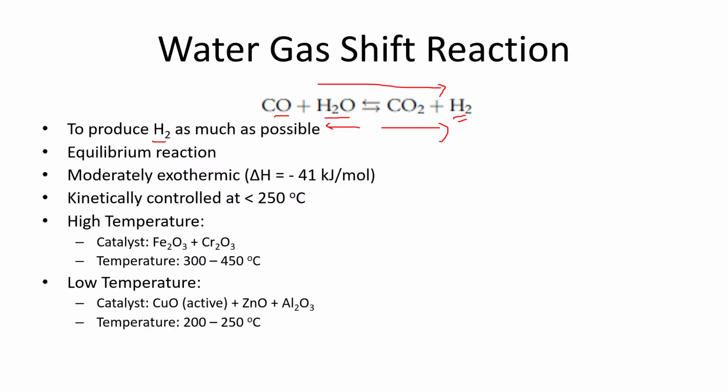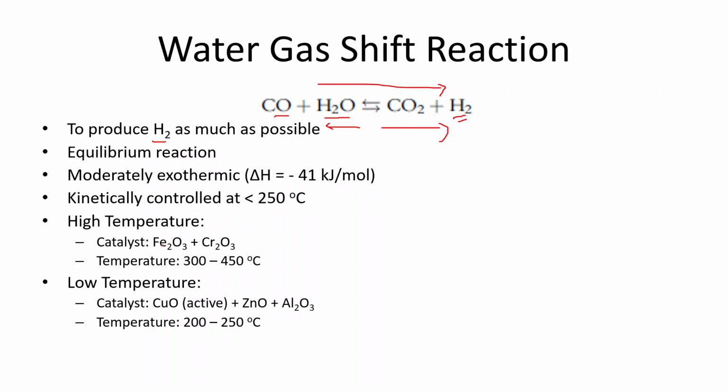But after that, it will go closer to the equilibrium. So at higher temperature, they utilize the higher temperature in such a way that the reaction rate goes as fast as possible.